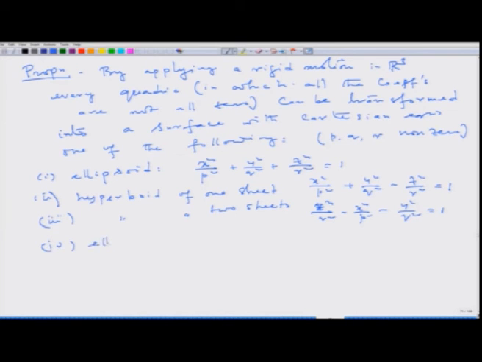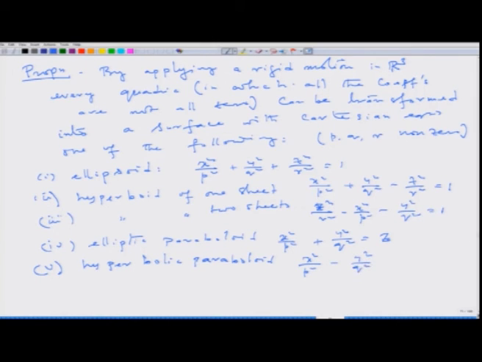or elliptic paraboloid, this is simply x square by p square plus y square by q square equal to z. Hyperbolic paraboloid, this is simply x square by p square minus y square by q square equal to z.